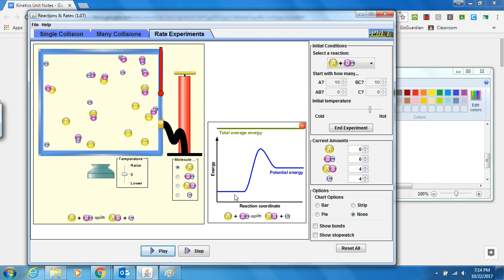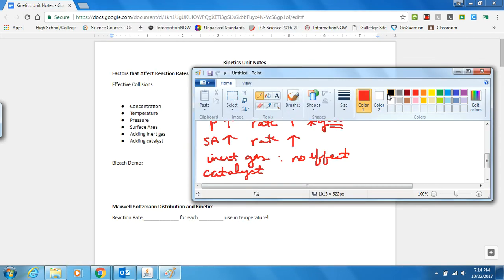Now, the reason a catalyst lowers activation energy is because it creates an alternate pathway for the reaction to take place. So I'm going to sketch out one of these graphs again and show you what I mean. Let's say we have an exothermic reaction, and our activation energy right now is from here to here, from the reactants to the products.